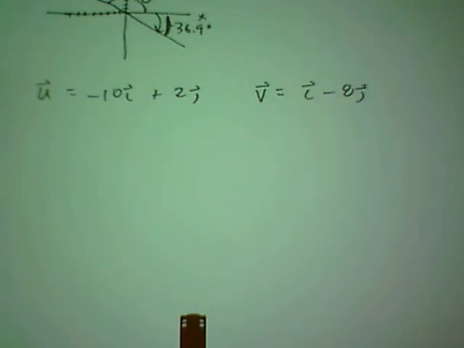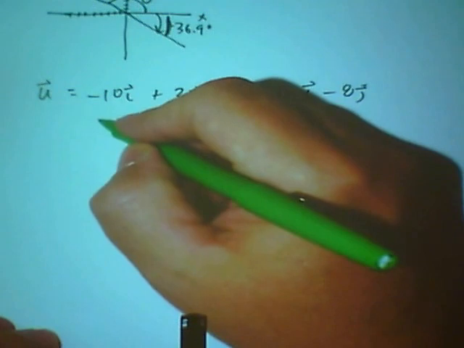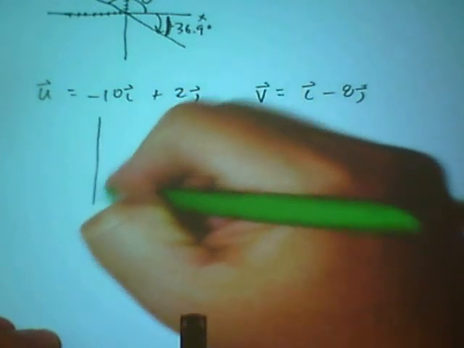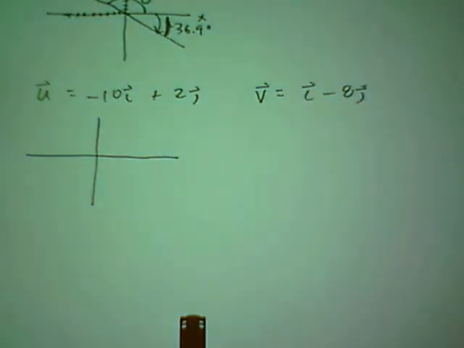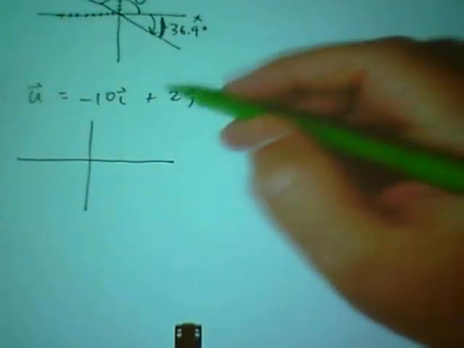They want me to find the angle between these two vectors. Since I always forget, I'm going to plot these vectors just to see what the angle between them looks like, so that when I finish the problem, I can see if my answer makes sense. So u is -10i plus 2j.